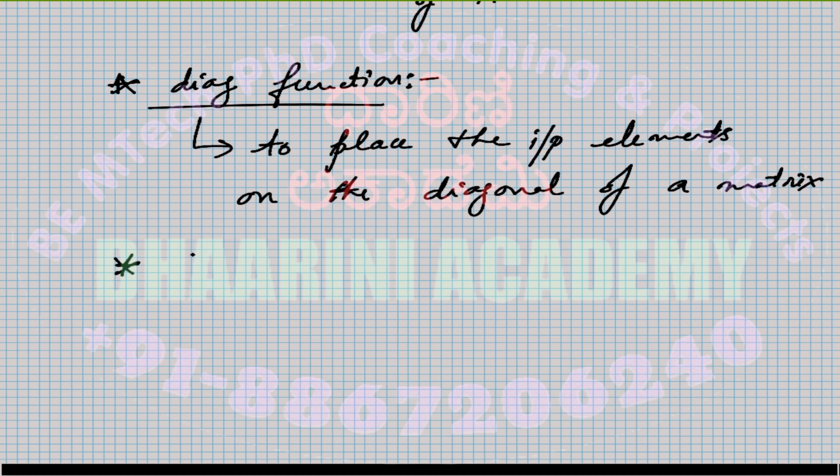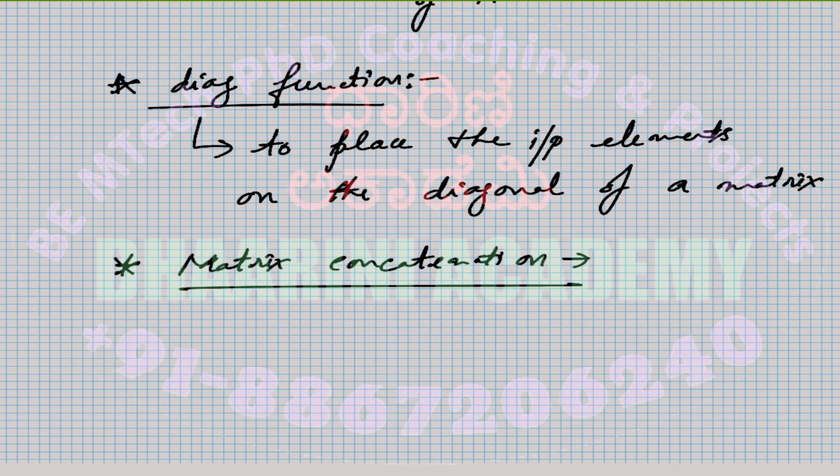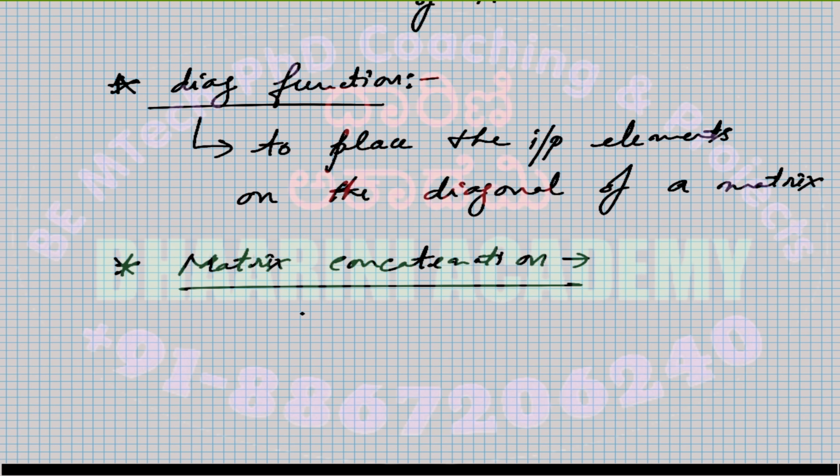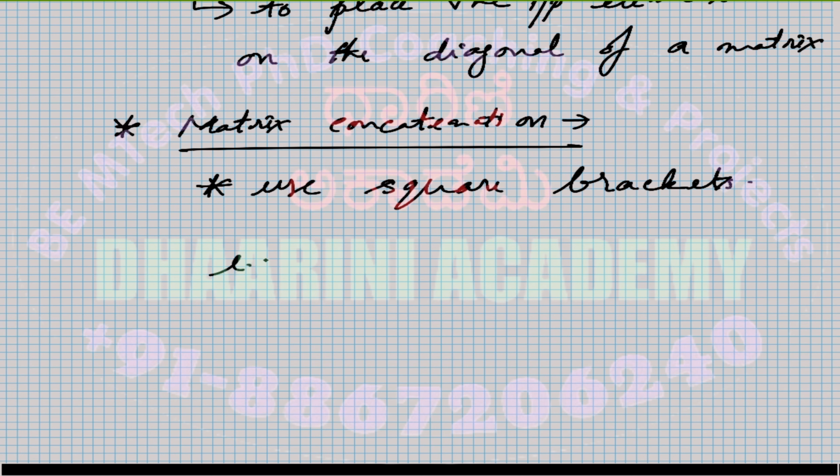So this option is matrix concatenation. We use the square brackets for the concatenation, right? So how to do this? Use brackets.